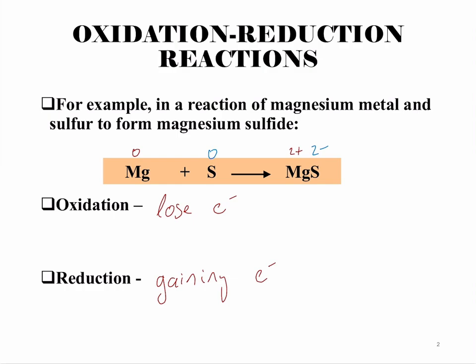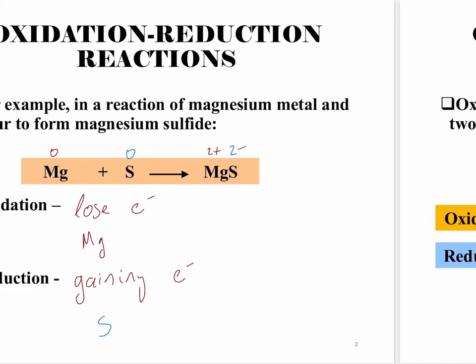Sulfur is reduced because it gained electrons, it gained a negative charge, and the magnesium is oxidized. So magnesium is what gets oxidized and sulfur is what gets reduced. And so this whole reaction, this net equation, is a redox reaction because one thing's getting oxidized and the other one's getting reduced. That's how we define a redox reaction.